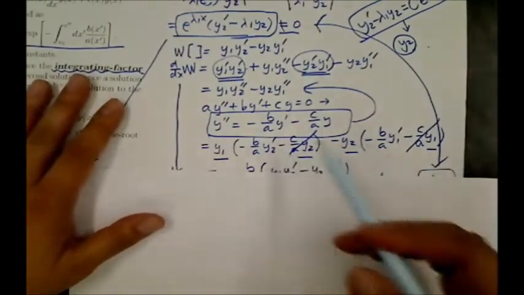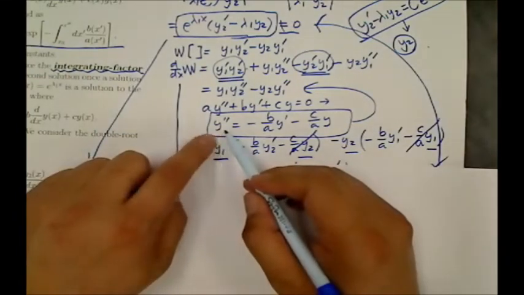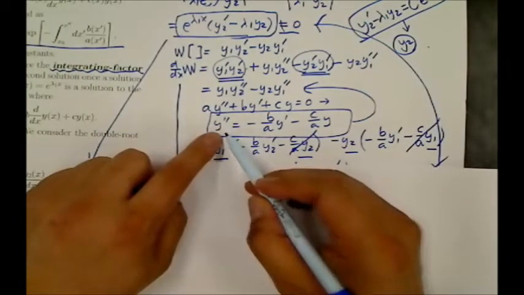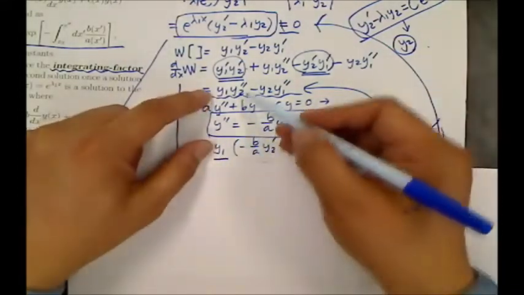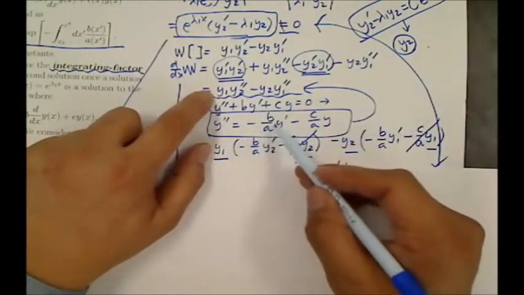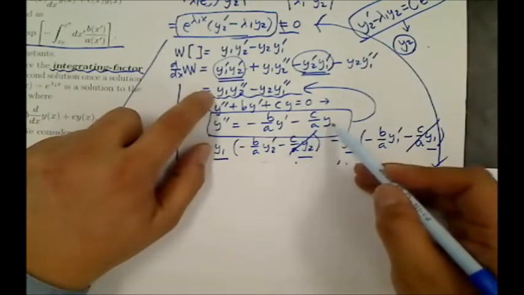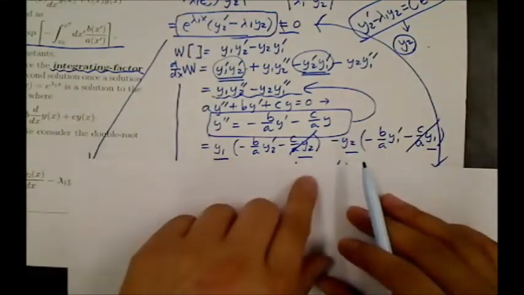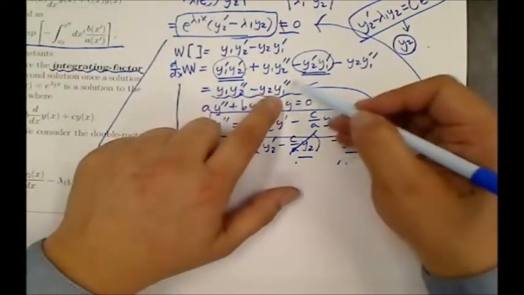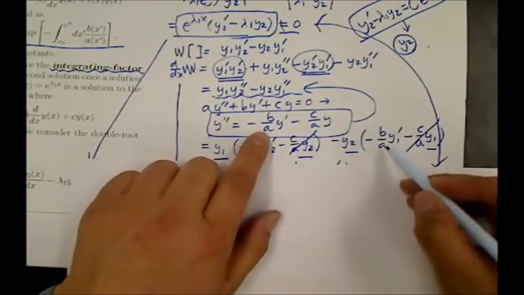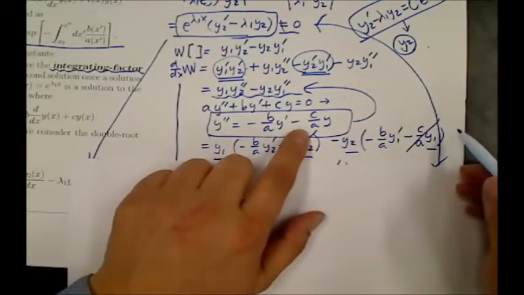Because of this, I can substitute this relation after putting the subscript 1 or 2. I have y1 here, and y2 double prime is minus b over a y2 prime minus c over a y2. And then this term is minus y2 times y1 double prime, which is minus b over a y1 prime minus c over a y1.